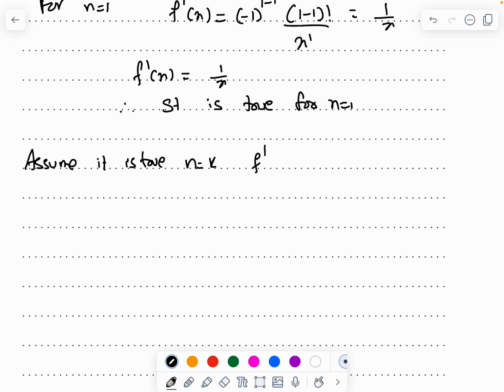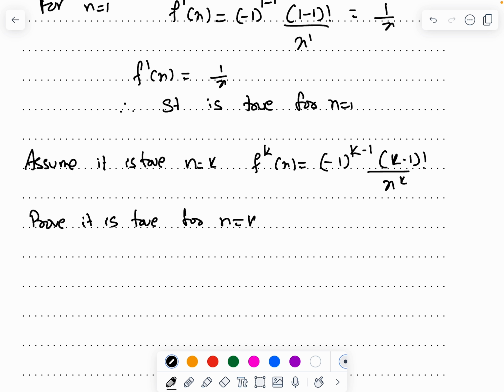So the kth derivative of f of x equals minus 1 whole to the power of k minus 1, factorial of k minus 1, divided by x power k. Now we have to prove that it is true for n equals k plus 1. That is, we have to prove that the k plus 1th derivative of this one should be equal to minus 1 whole to the power of k, k factorial by x power k plus 1.